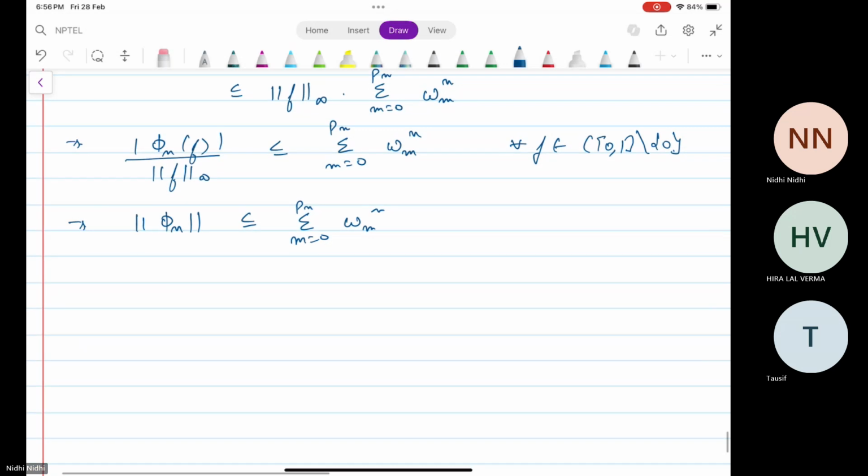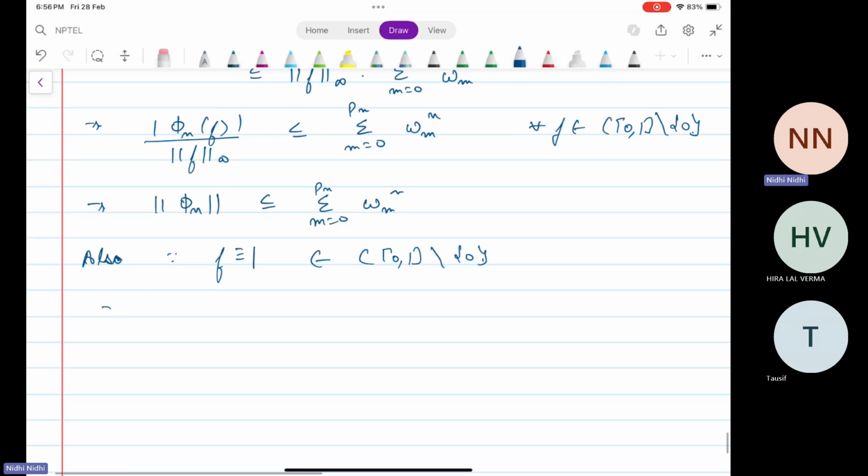Also, since the constant function 1 belongs to C[0,1] minus 0, for this f, mod phi_n(f) by sup norm of f is equal to summation m from 0 to P_n of w_mn by 1.